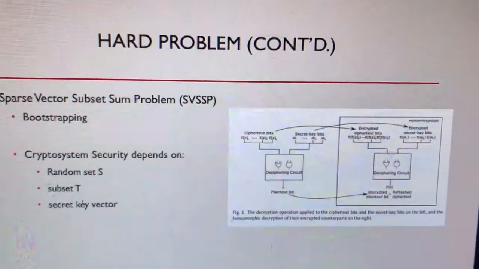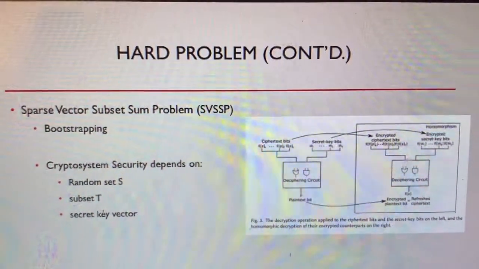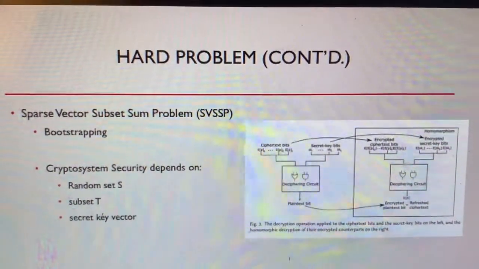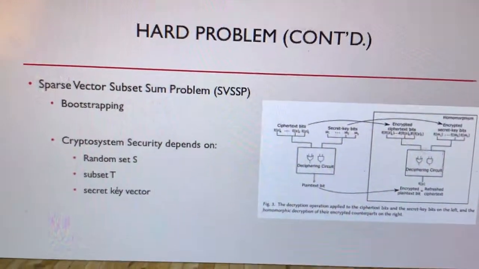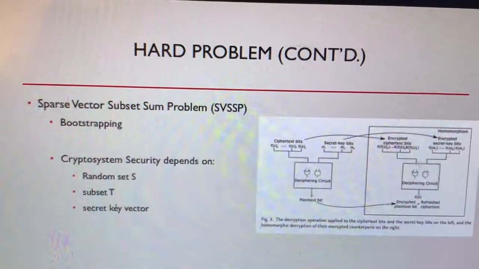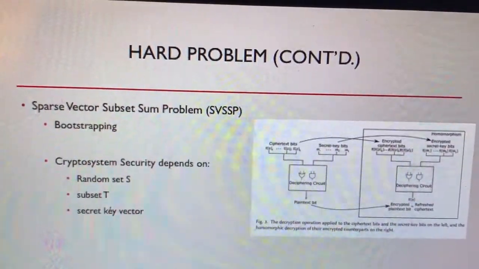So basically these components and their existence, the subset T, the random set, and the secret key vector, determine to what extent our fully homomorphic crypto system is secure.